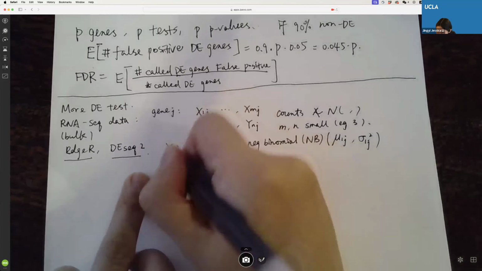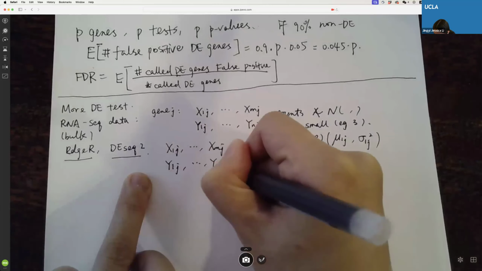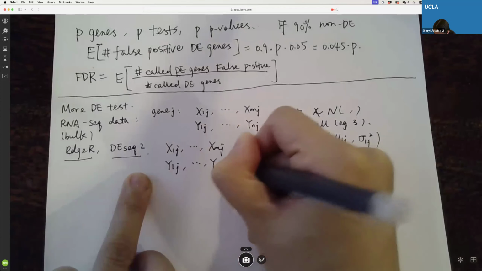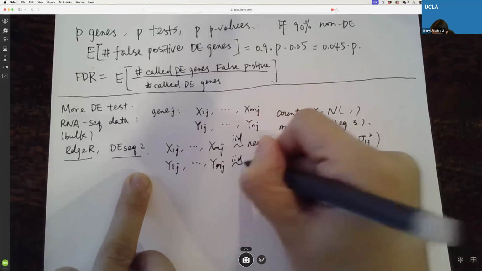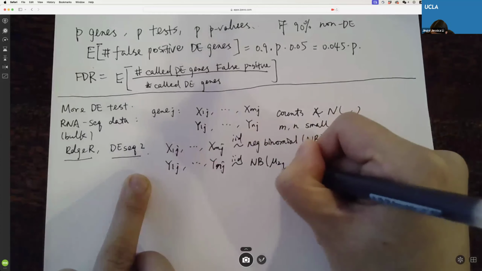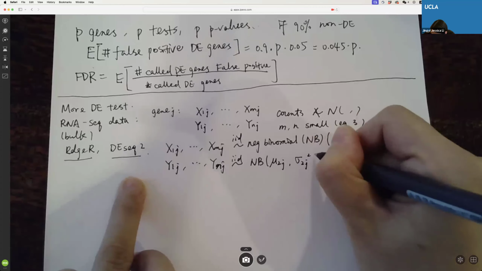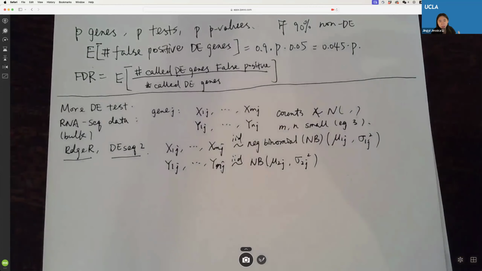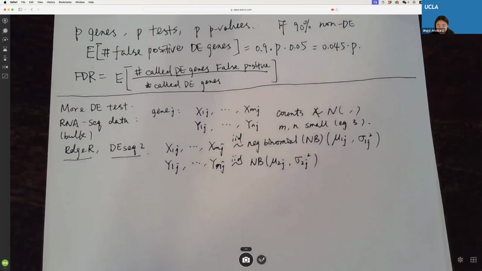Similarly for condition 2, Y1J to YNJ, I assume IID, independent and identically distributed, another negative binomial distribution with mu2j and sigma 2j squared. Here I'm not as restrictive as the t-test, because I allow the two variance parameters to be different for the two conditions.